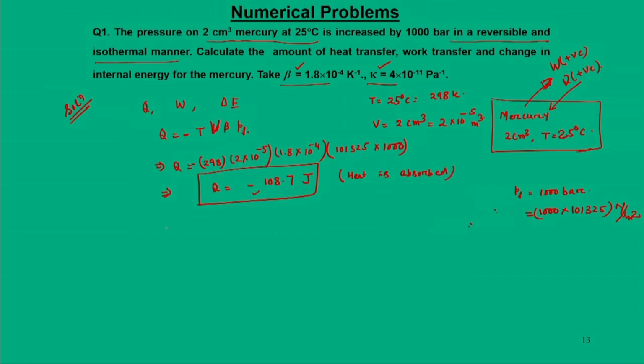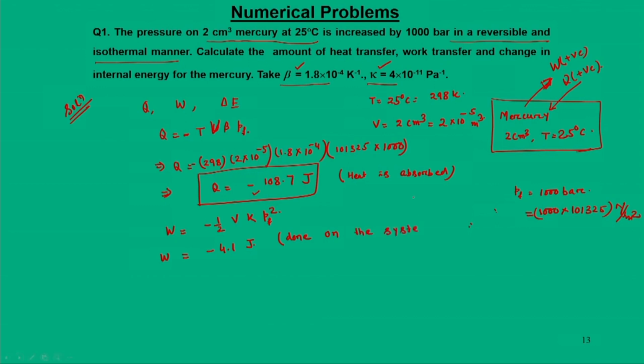And the second expression we can use is W equal to minus half V kappa into Pf square. So, all these numbers are given. By inserting these values, we can say W would be minus 4.1 joule, which means work is done on this system.